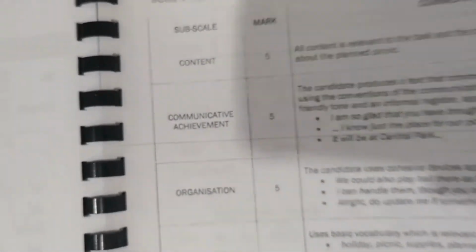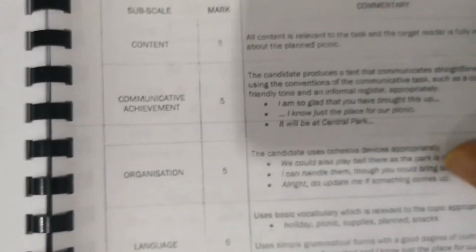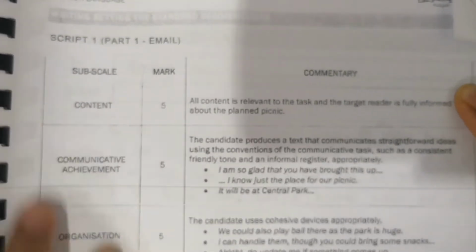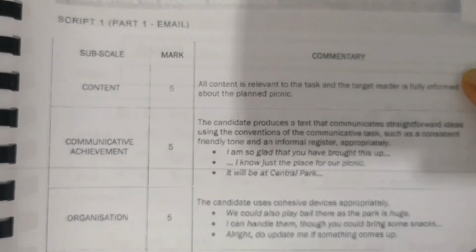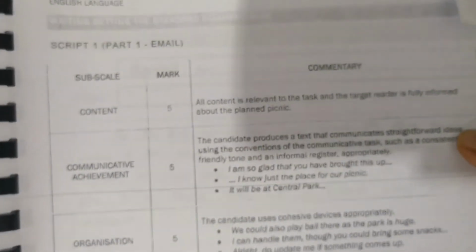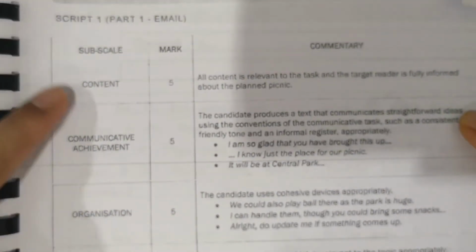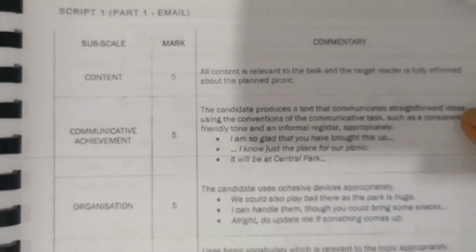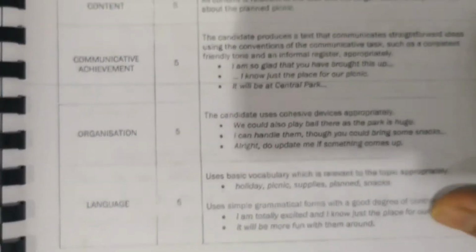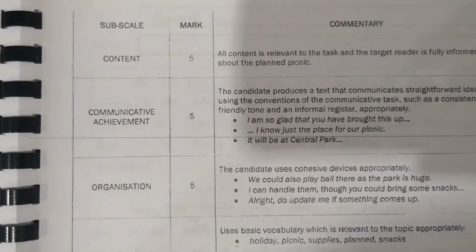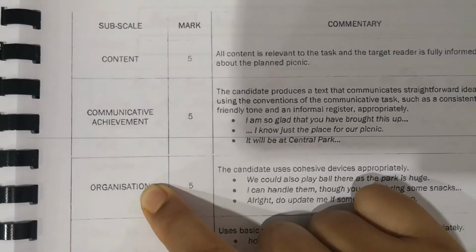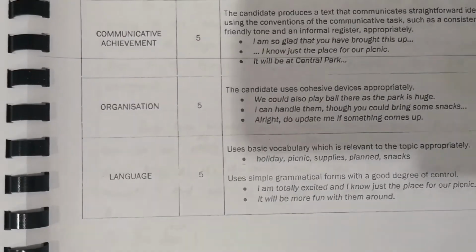Alright, so before we reply to that email, I want you to see how much score we will basically give to you. So there will be as usual the 4 subscales for your score, which is the content, communicative achievement, organization, and last one for your language.